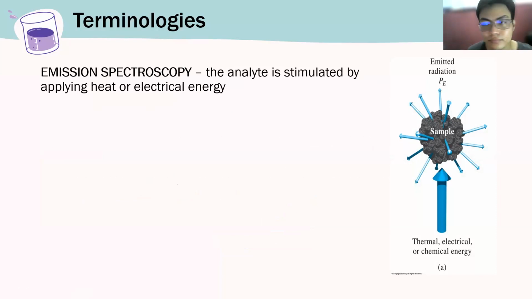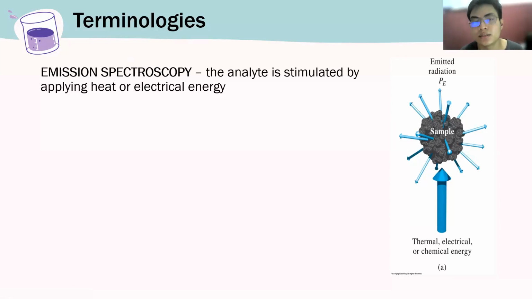There are many types of spectroscopy or how light interacts with matter. Meron tayong tinatawag na emission spectroscopy. So, anong type ng light yung ini-study sa spectroscopy na to? Emission. So, meaning that your sample emits the light.